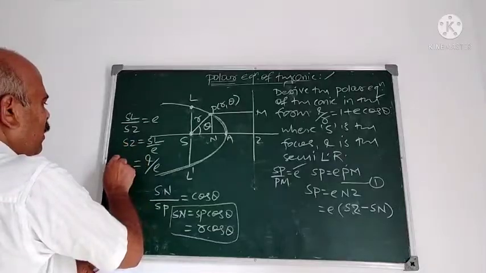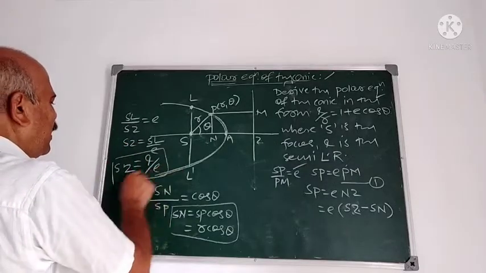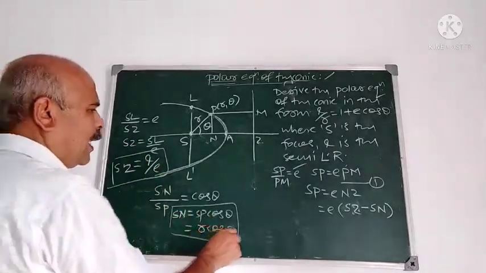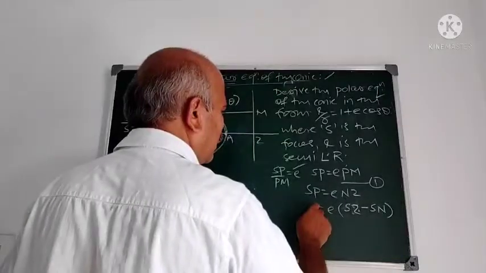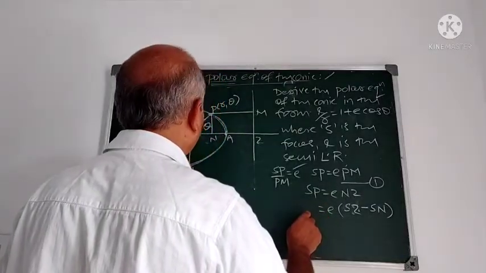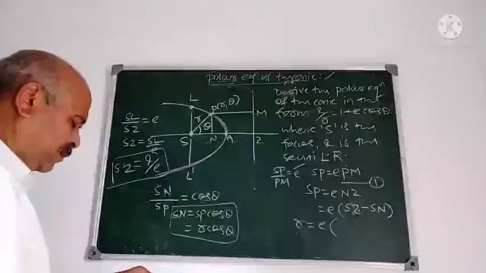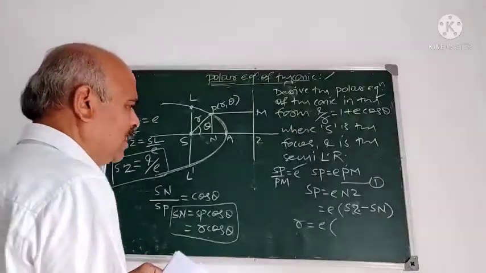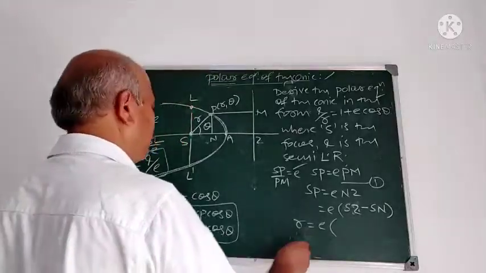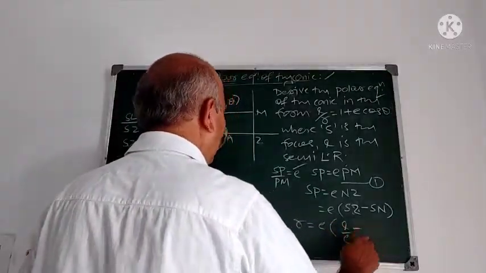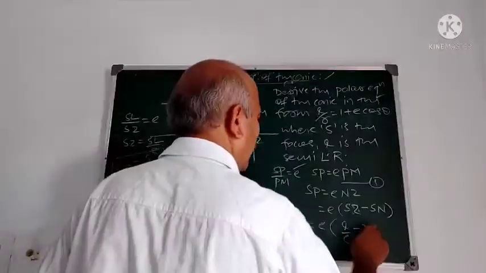Two things we have obtained. SZ is L by E. SN is R cos theta. Therefore, I write SP, R, is equal to E into SZ, L by E, minus SN, R cos theta.